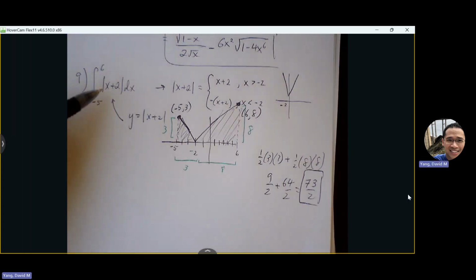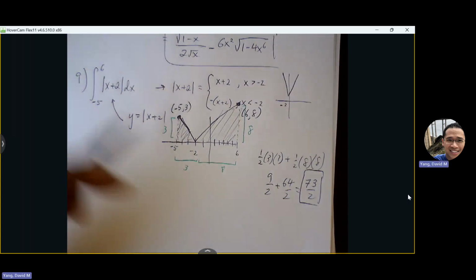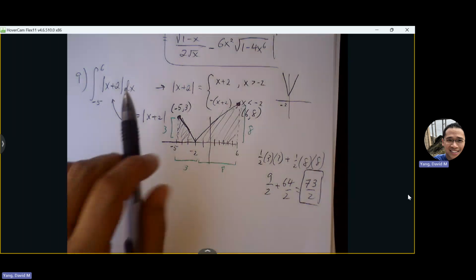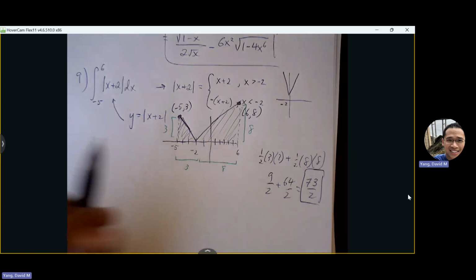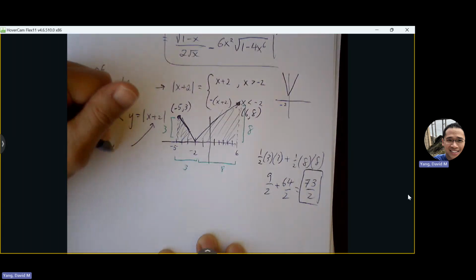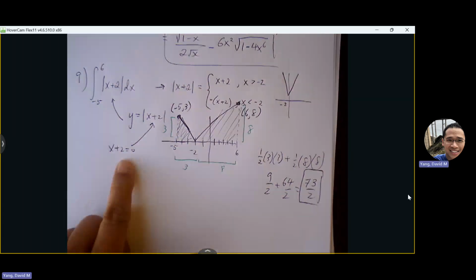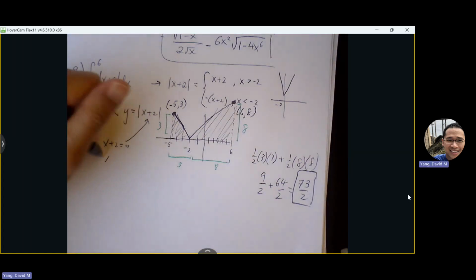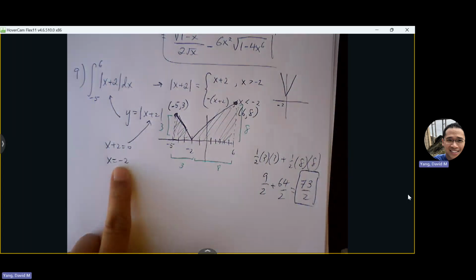So whenever I see an absolute value integral problem, I'm thinking, okay, can I draw my two triangles? Can I find the dimensions of each triangle? And I'm just adding up my two triangles. Right. So y equals absolute value of x plus 2. My vertex is always going to be whatever causes x plus 2 to be 0. That tells me that my vertex is at negative 2.